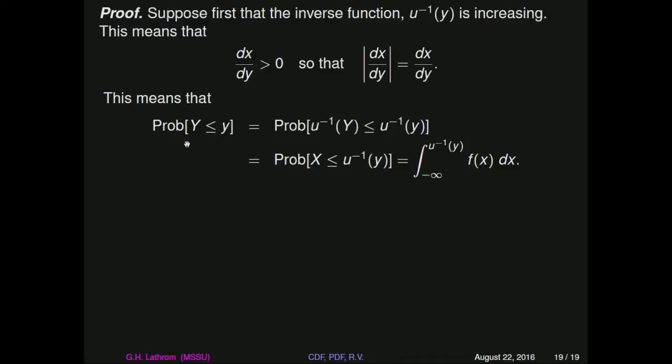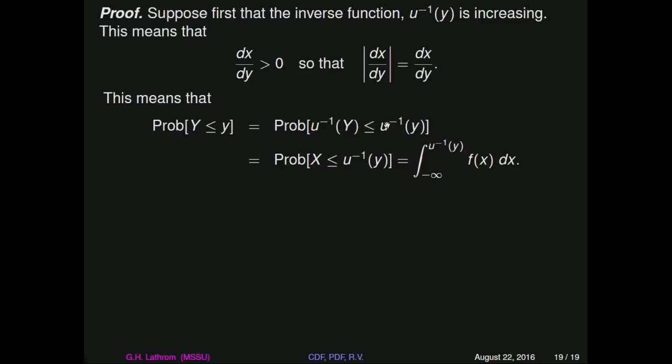The CDF is the probability that Y is less than or equal to little y. Now we're going to apply that inverse function to this particular interval, and we end up with a new interval, but the direction of the inequality stays the same. Here's where we break our argument up into an increasing function or a decreasing function.